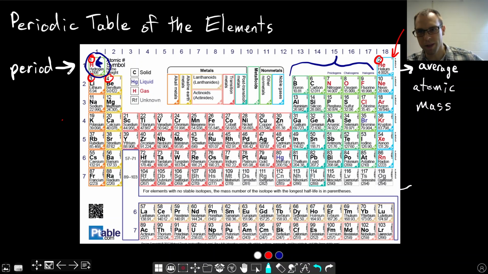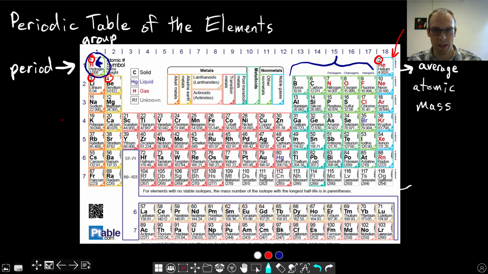So periods go that way. And each column is called a group. And we can see they're numbered here. So period 1 just has hydrogen and helium. Period 2 has lithium, beryllium, boron, carbon, nitrogen, oxygen, fluorine, and neon. And period 3, etc. We can see these. And then the different groups as we go down are the columns.